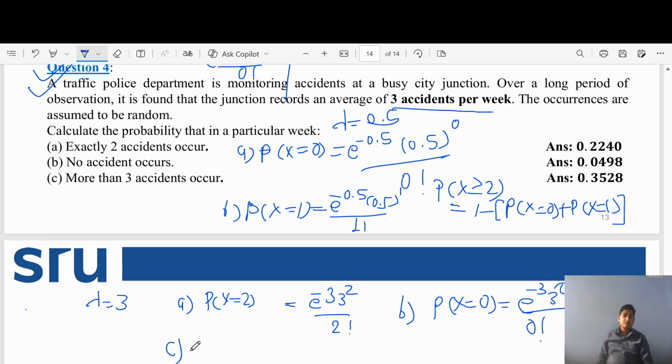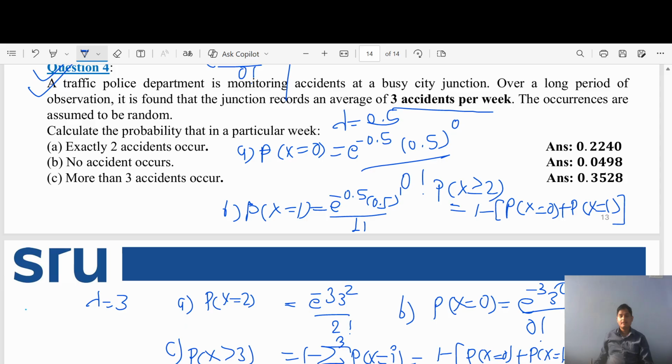And C part, more than 3, P(X>3) means 1 minus the sum from x equal to 0 to 3 of P(X=x). Greater than 3 means we subtract from 1 this: P(X=0) plus P(X=1) plus P(X=2) plus P(X=3).